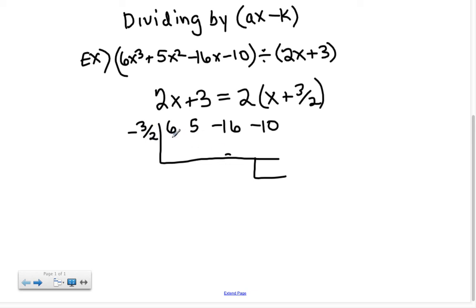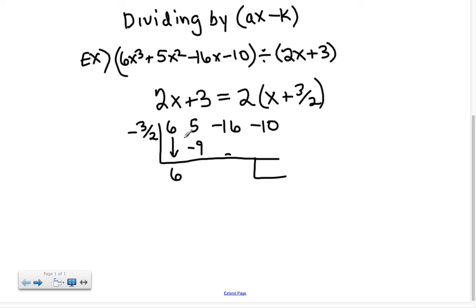All right. So we started off by taking this 6 and writing it down there, and this gets us started. And remember, even though it's synthetic division, we flip the sign, so now we're actually doing multiplication. So now I do the multiplication. Negative 3 times 6 divided by 2 is what this is going to turn out to be. So it'll become negative 18 divided by 2, which will turn out to be negative 9.